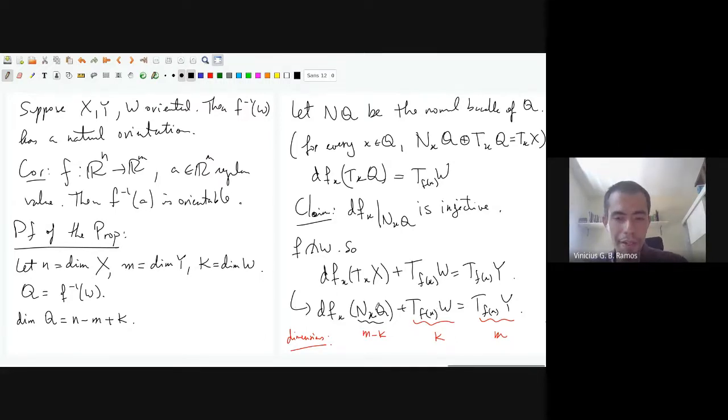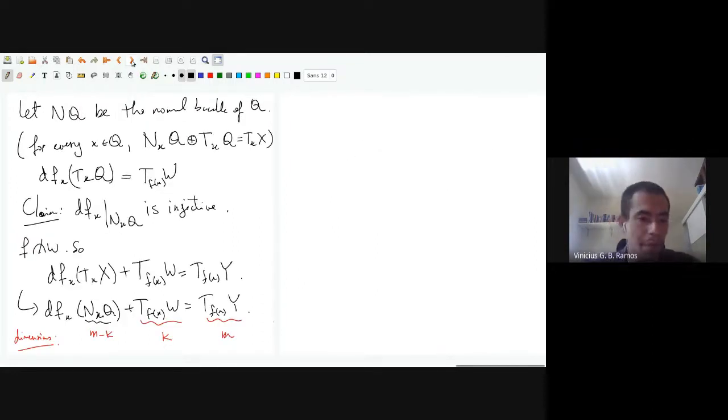So look at the dimensions. If you have the image of a vector space of dimension m minus k by a linear transformation, that has to have dimension at most m minus k, and it has exactly that dimension when the transformation is injective. The dimensions don't have to add up, but they have to be at least m.